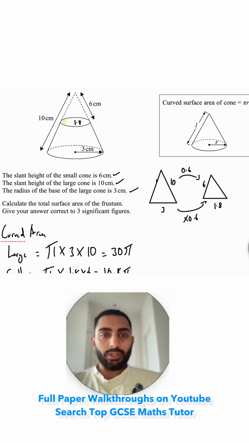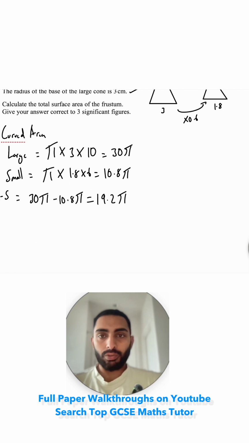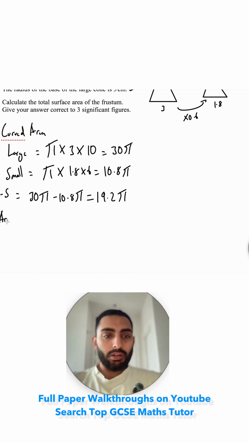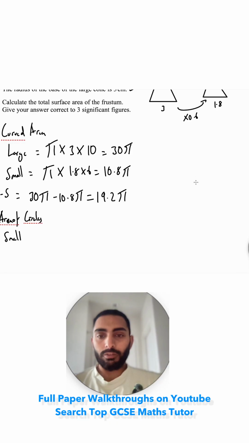The next thing I need to do is find the area of this small circle and the area of this large circle. So, area of circles. I'm going to do the small one first. What's the formula for area of a circle? It's pi r squared.